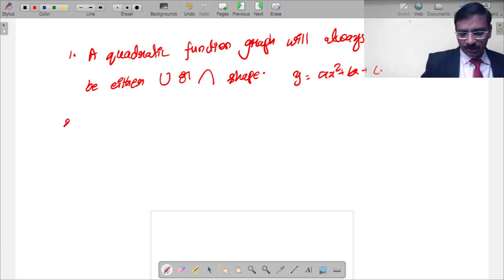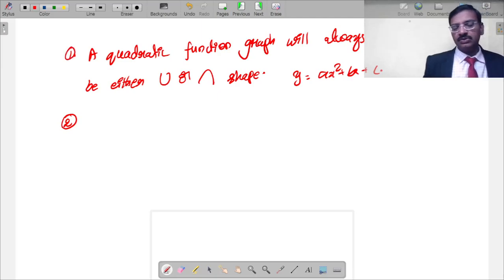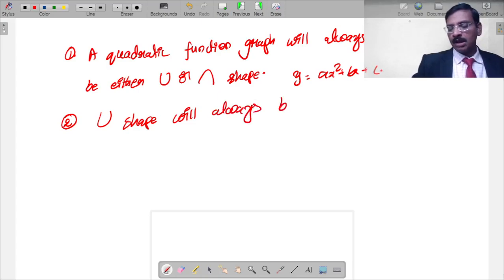And the second point that you will have to understand is that U shape will always have a minimum point.